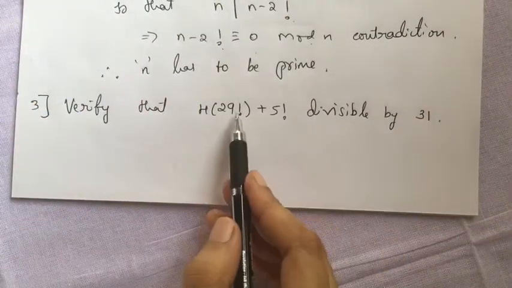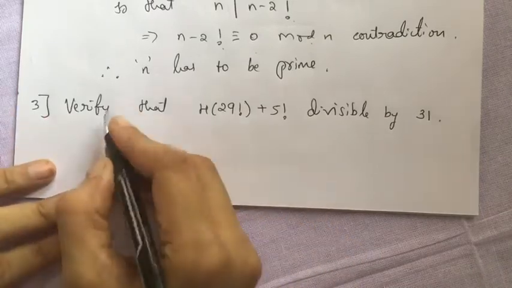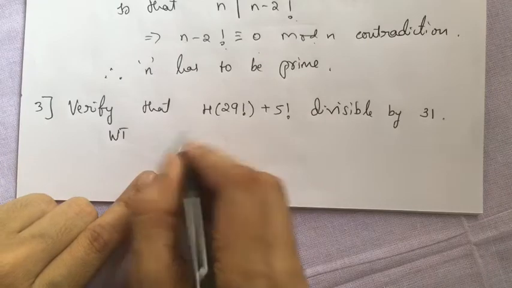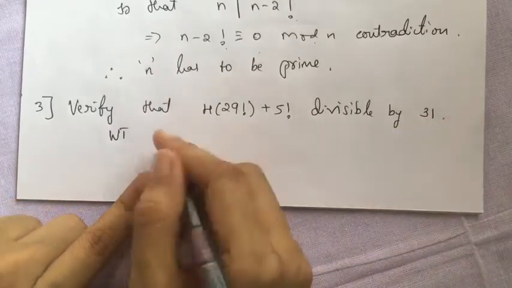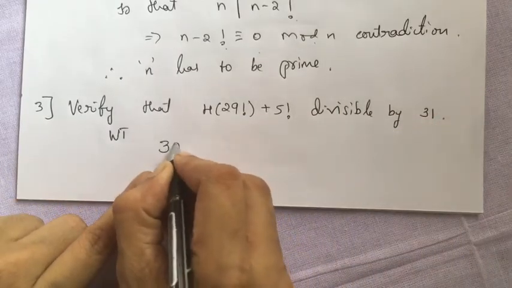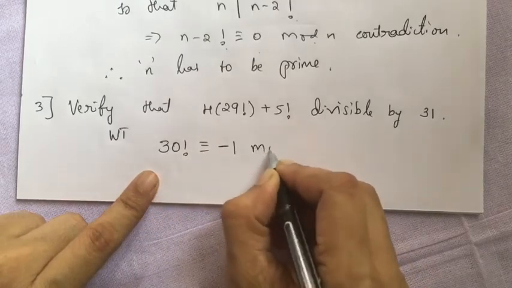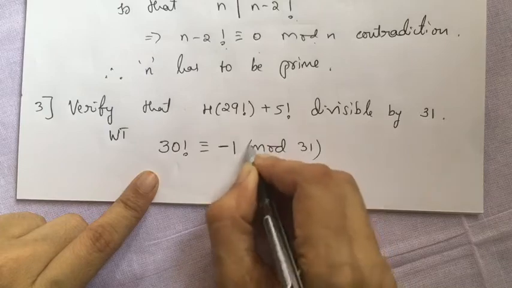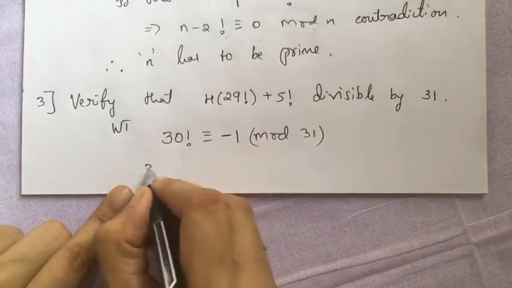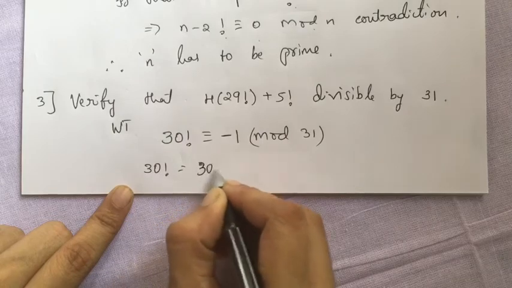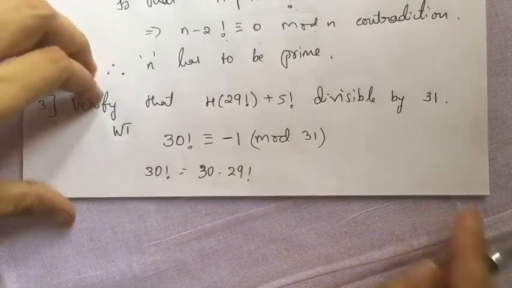Now it's 29 factorial, right? So from Wilson's theorem, I can write with respect to mod 31, 30 factorial is congruent to minus 1 mod 31. Now 30 factorial, I can write as 30 into 29 factorial, right?